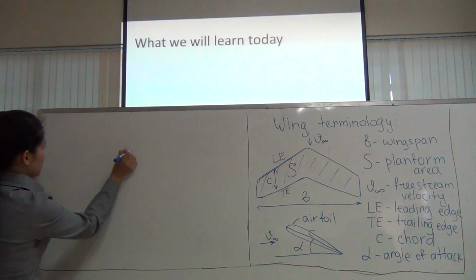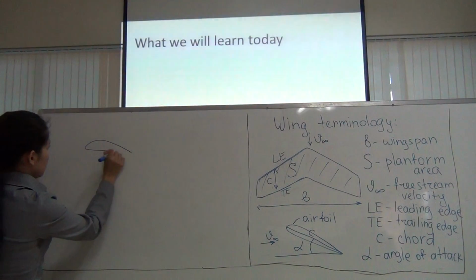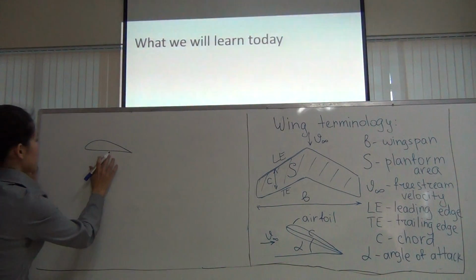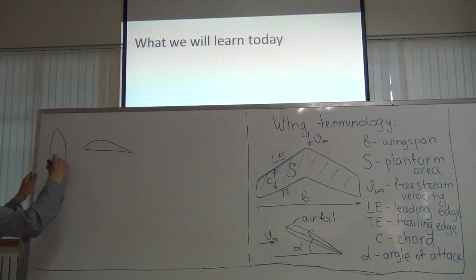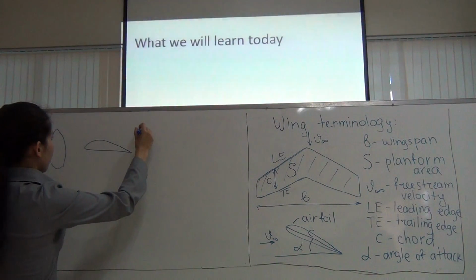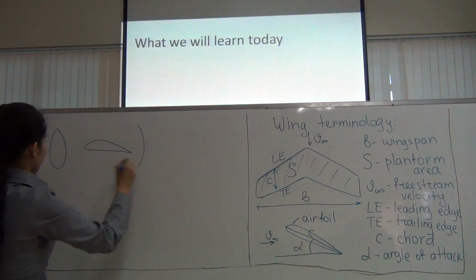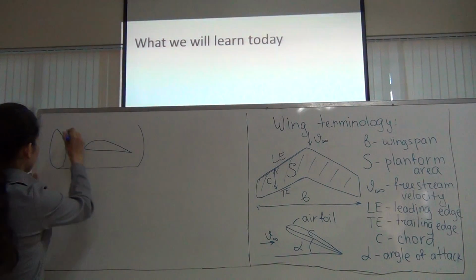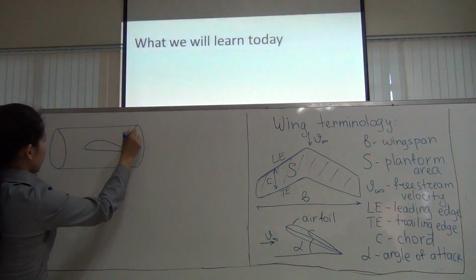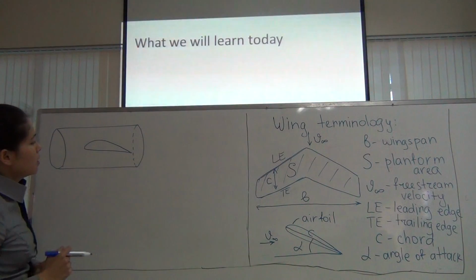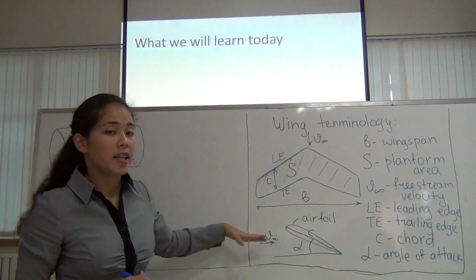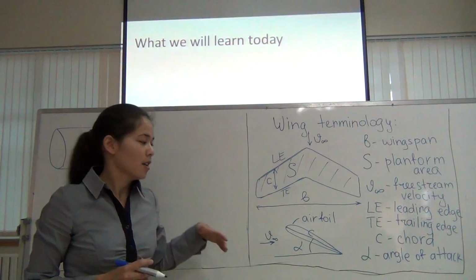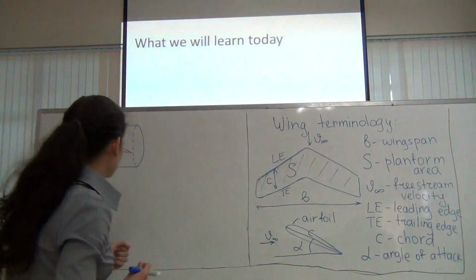Let's draw it here. So this is our airfoil and the wind tunnel. A wind tunnel basically just imitates the flow of air as if the airfoil was actually flying in the air.